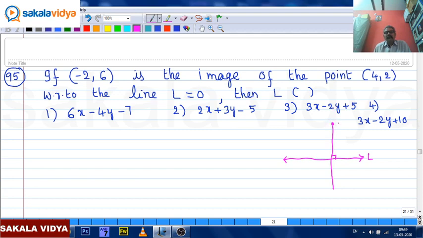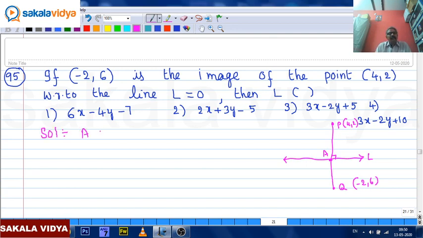Image of this P, for example 4 comma 2, with respect to the line is Q, minus 2 comma 6. Say this point A is the midpoint of PQ, A lies on this line. So, first find the midpoint A of PQ, substitute in the options, whichever makes the option 0, that is the right answer. So, solution, let us find out.